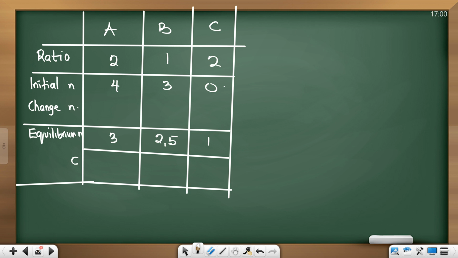I don't know if that makes sense to us. Which means we don't even need the change because the change we already got. The change here is 1. The change here is 0,5. And the change here is 1, which matches our ratio.